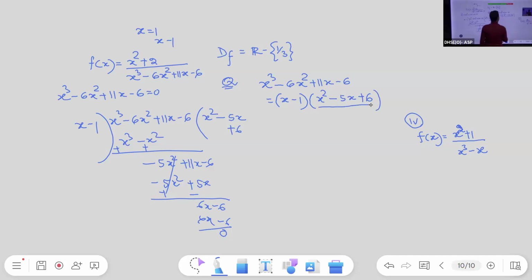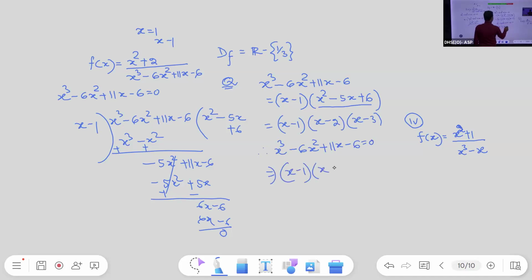Now you can easily handle this expression. It can be factorized by middle term factorization. This is equal to x minus 1 into x minus 2 into x minus 3. Thus x cube minus 6x square plus 11x minus 6 is equal to 0 implies x minus 1 into x minus 2 into x minus 3 is equal to 0.